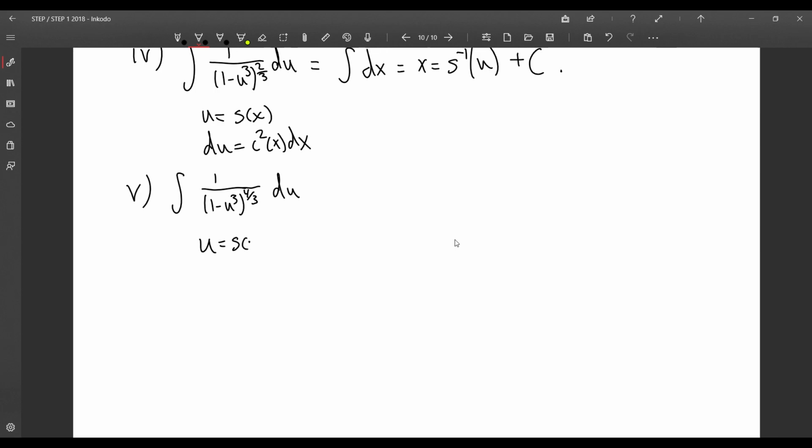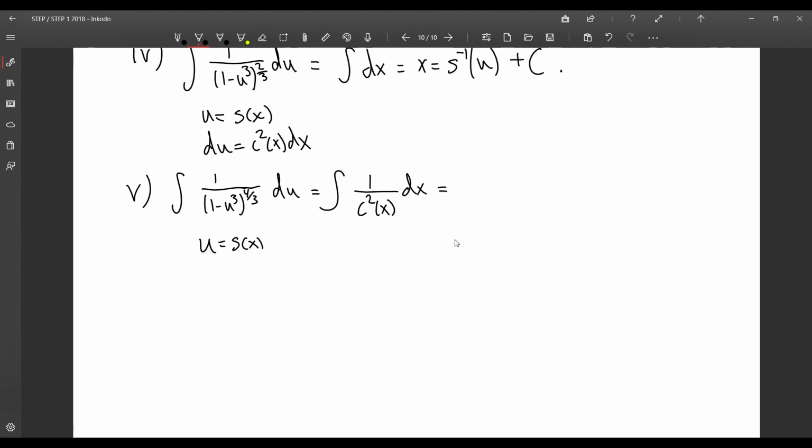Aha, that's cool. Okay, so if we do u is s of x, then we get c to the 4th and then c squared. So this gives us 1 over c squared dx.